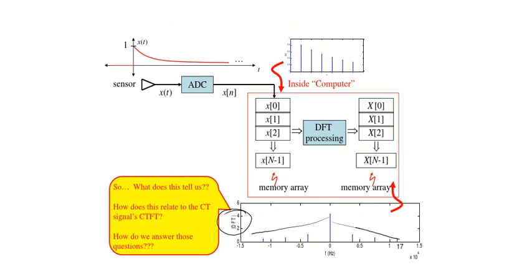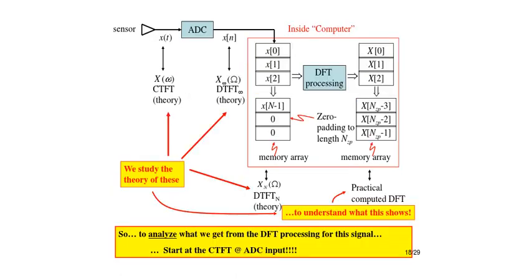So we have to relate CTFT, DTFT and DFT. To do that, we theoretically compute the CTFT of the analog signal, the DTFT of an infinite duration discrete signal, the finite duration discrete signal, and then practically the DFT.